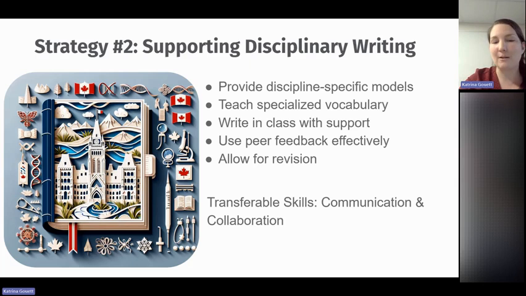You can incorporate peer feedback using clear protocols, and importantly, building in time for revision so students can apply what they've learned. We're often tempted to rush, but feel like we're always behind. But the reflection is really where the learning happens. So pausing and taking time to do that is really important.